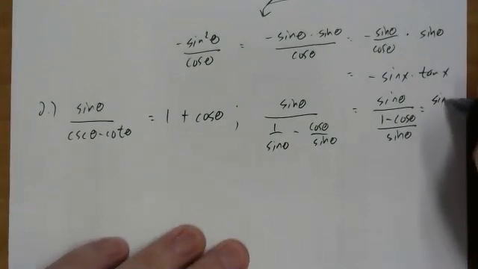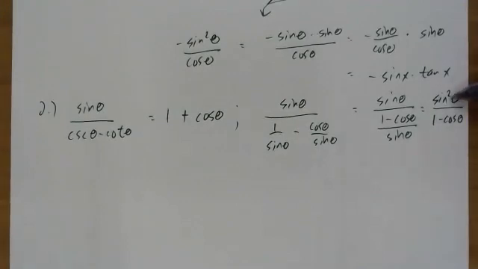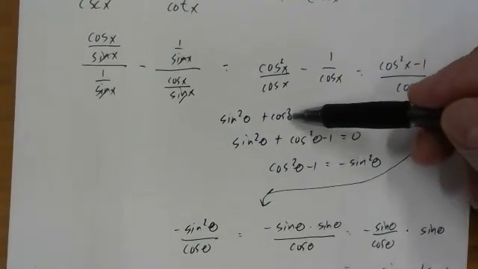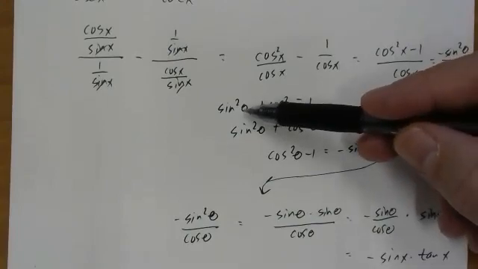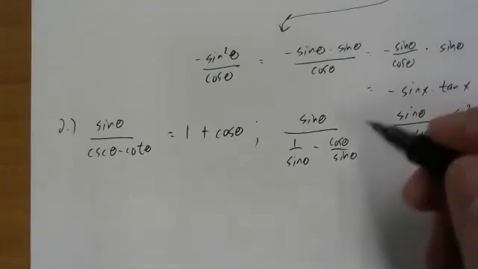So I end up with sine squared theta over 1 minus cosine theta. And now the sine squared theta, I'm going to go back and use this identity again. It's pretty easy to see sine squared of theta is 1 minus cosine squared theta.